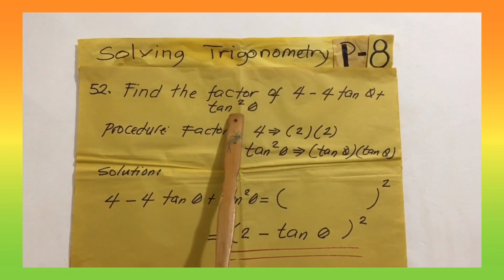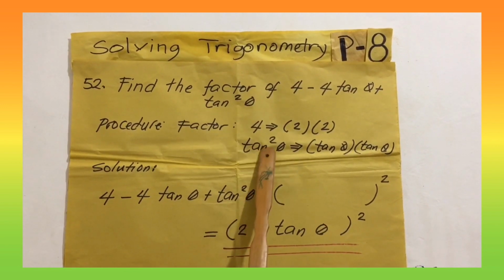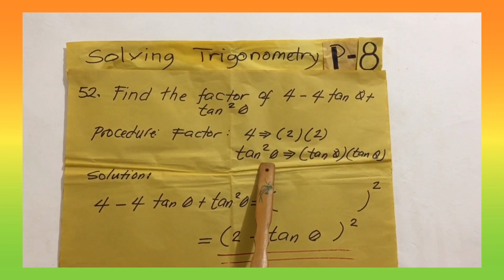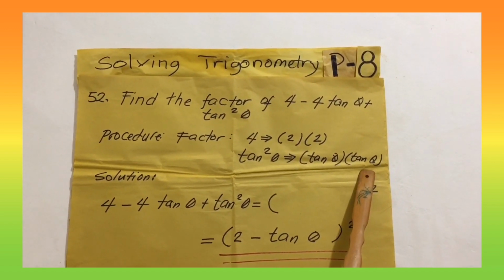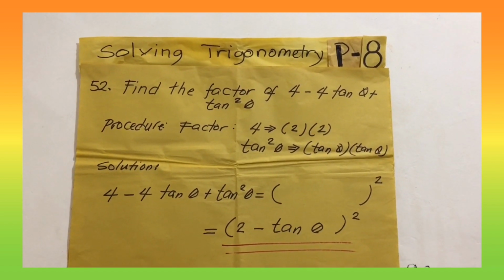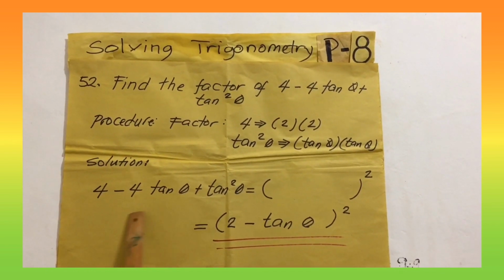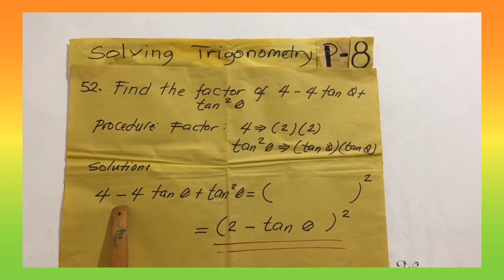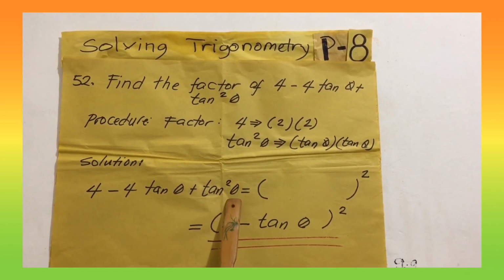Then next, we're going to get the factor of tangent squared theta. Tangent squared theta, the factor is tangent theta times tangent theta. After knowing the factors, we're going to write the given for our solution, 4 minus 4 tangent theta plus tangent squared theta.